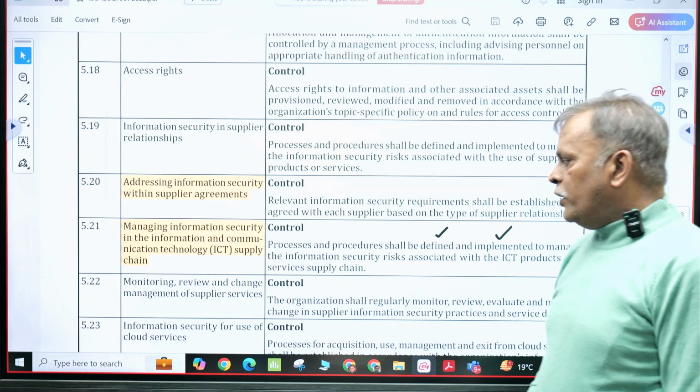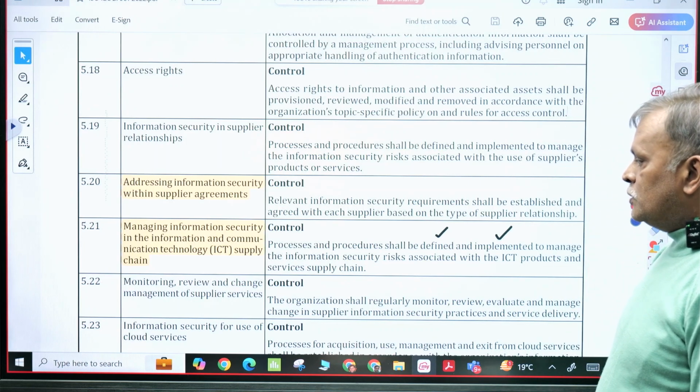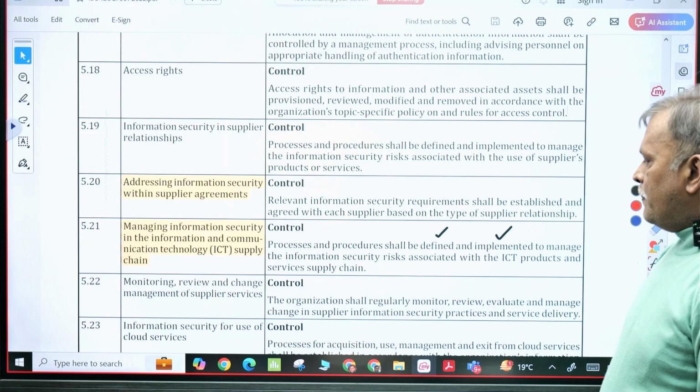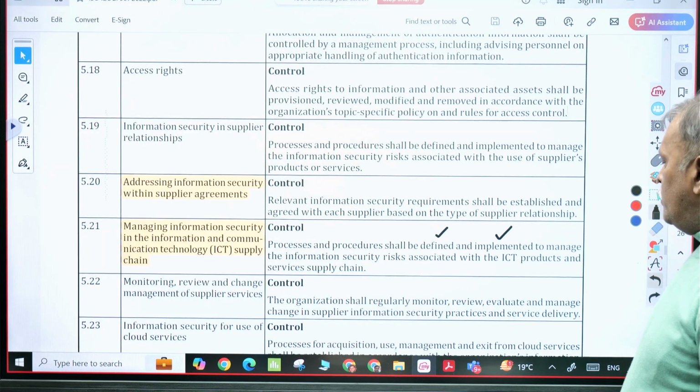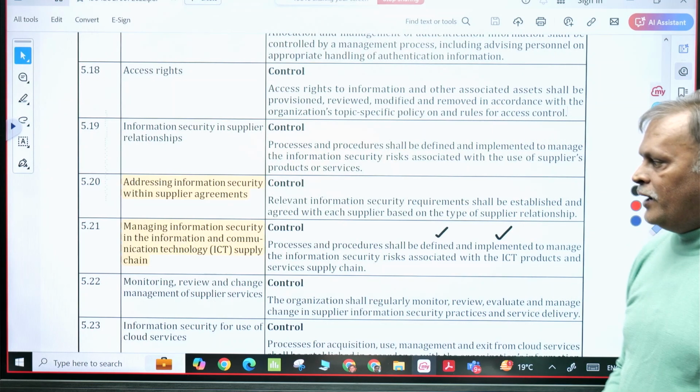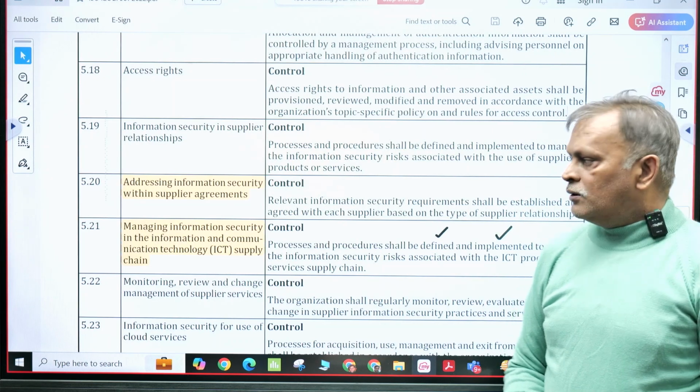5.22, monitoring, review and change management of supplier services. Organizations shall regularly monitor, review, evaluate and manage change in supplier information security practices and service delivery. So monitoring processes are another set of mandates that come from ISO 27001.